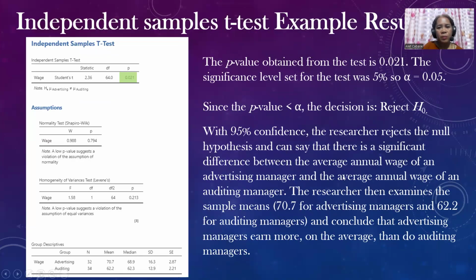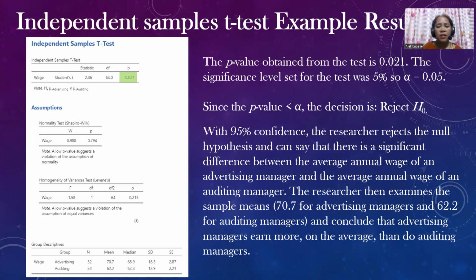So the p-value obtained from the test is 0.021. The significance level set for the test was 5%, so alpha equals 0.05. Since the p-value is less than alpha, the decision is to reject H0. With 95% confidence, the researcher rejects the null hypothesis and can say that there is a significant difference between the average annual wage of an advertising manager and the average annual wage of an auditing manager.